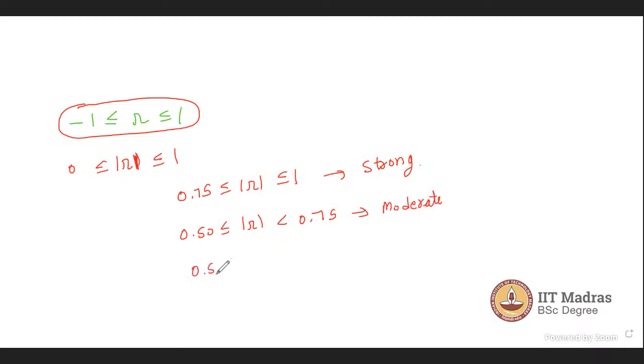And if it's in this range, then we say weak correlation between the two. And 0 means we say absence of linear relationship.